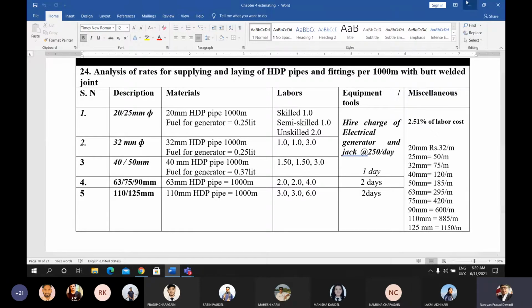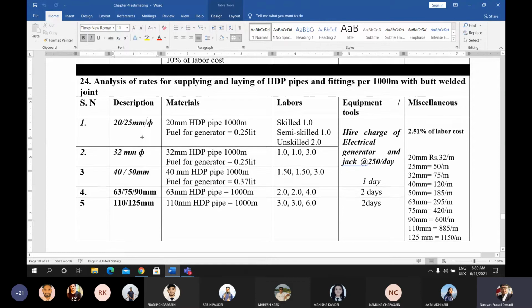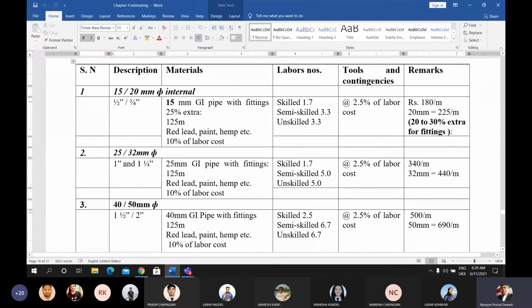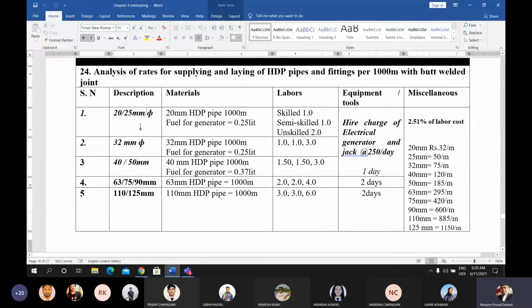Now for the 20 and 25 diameter pipe, as I have already mentioned in the GI pipe, 20 is 3 by 4 inch and 25 is 1 inch. So I don't need to write the diameter in inches. 2.54 centimeter is 1 inch.